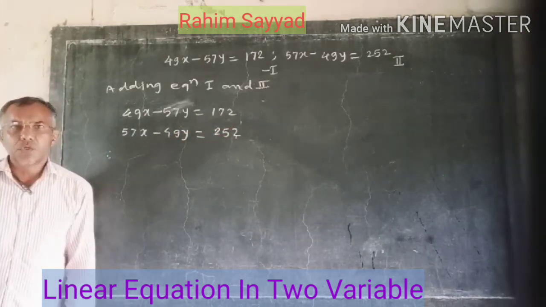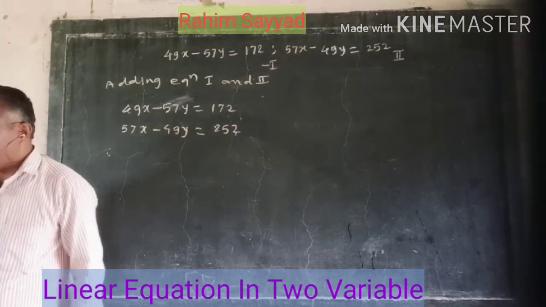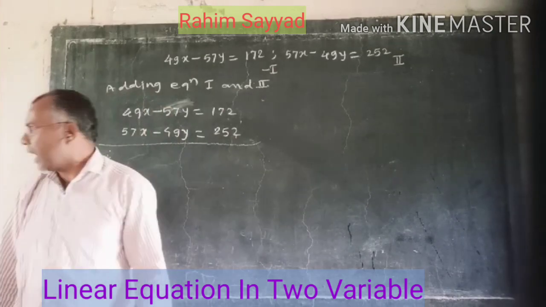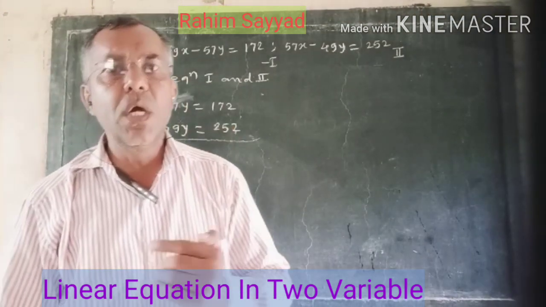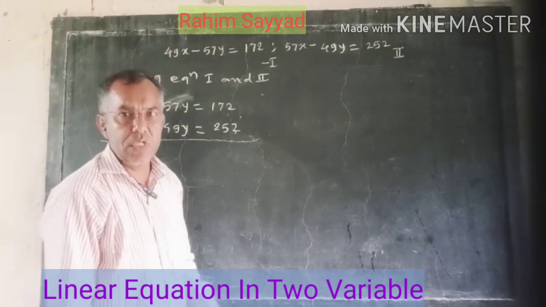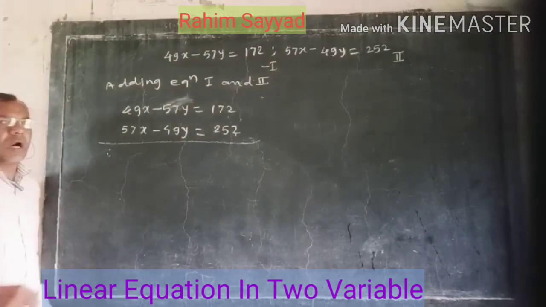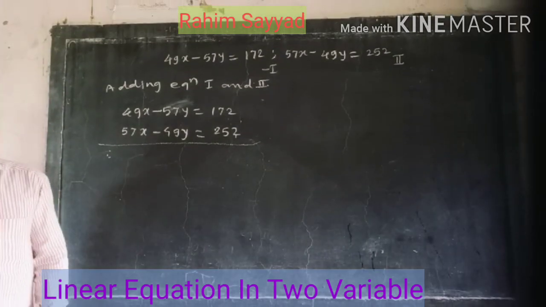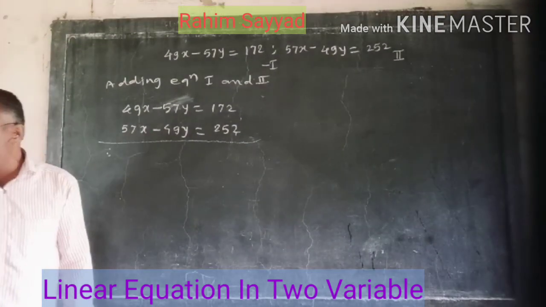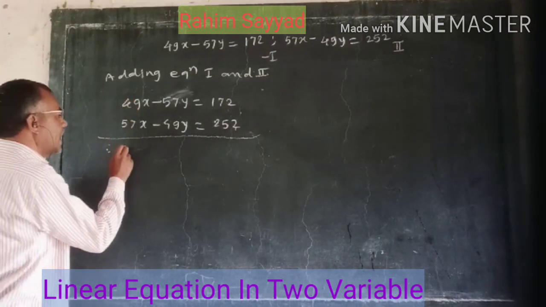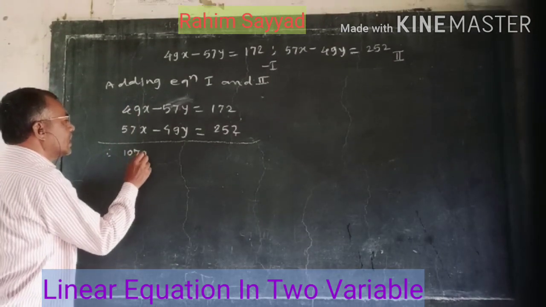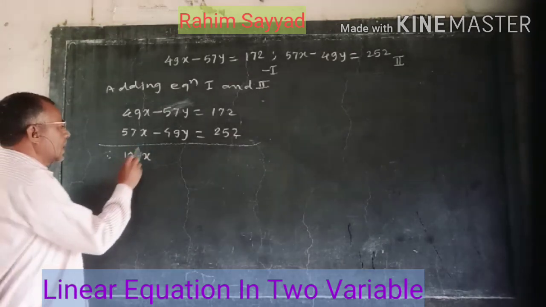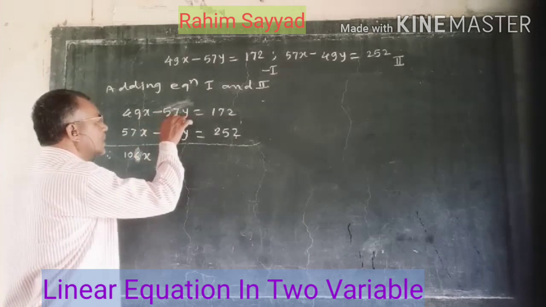In this way, you have to write the equations one by one and add them, taking the sum of these two equations. Now after adding, 49x and 57x is equal to 106x.